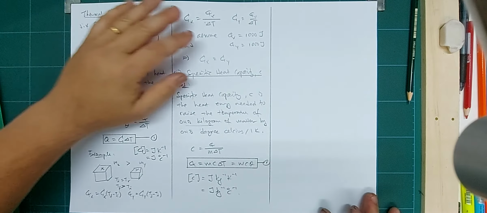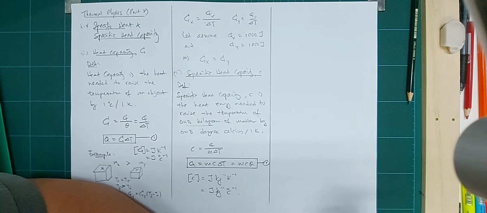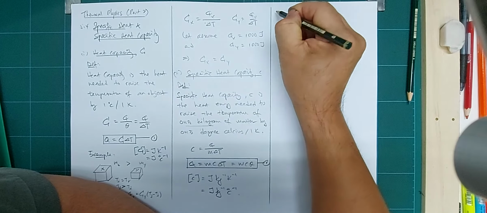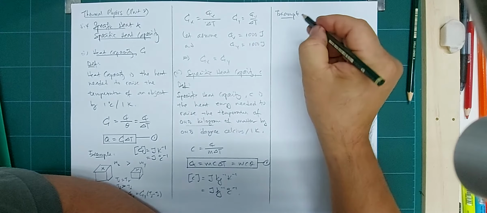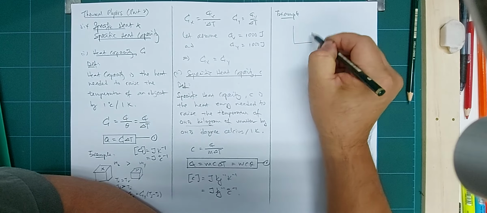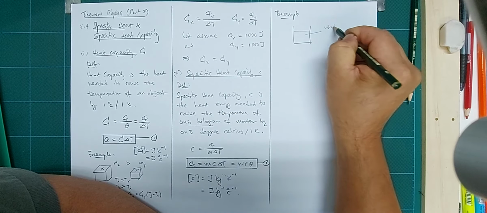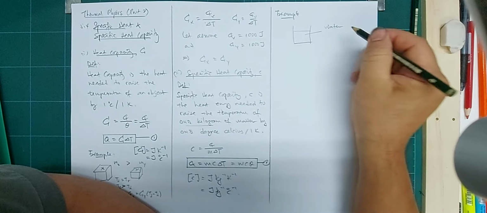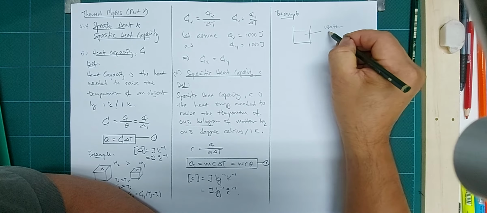Next we look at an example. How do we use this formula here? Now let's assume you have a beaker that contains water of mass, let's say, 1 kilogram.